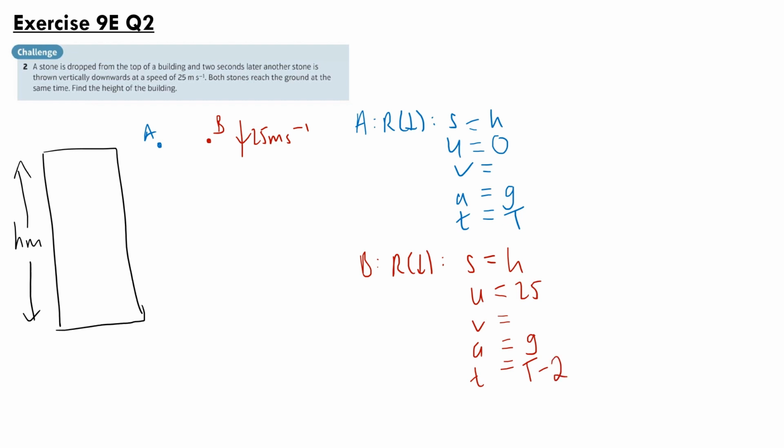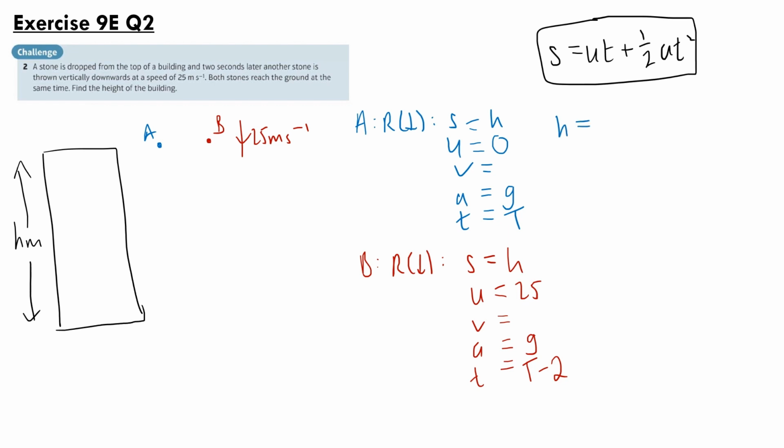Now, using the equation s equals ut plus a half at squared, we can use that for both of these stones. So for the stone A, we have that h is equal to ut, which is 0, plus a half at squared, so half g t squared. Doing the same for B, we have h is equal to ut, so 25 (t minus 2), plus a half g (t minus 2) squared.